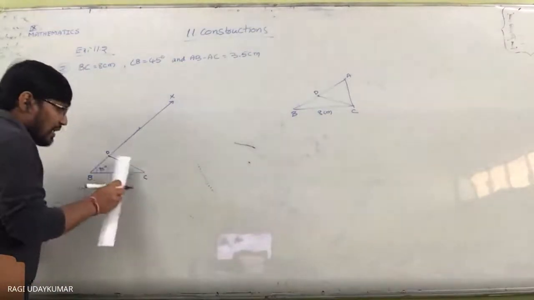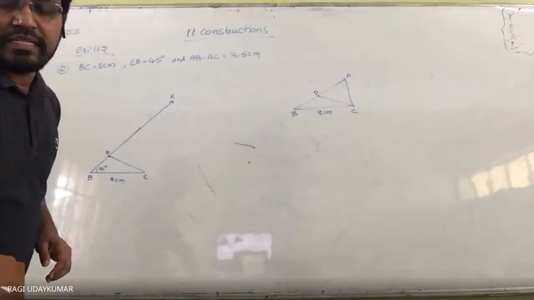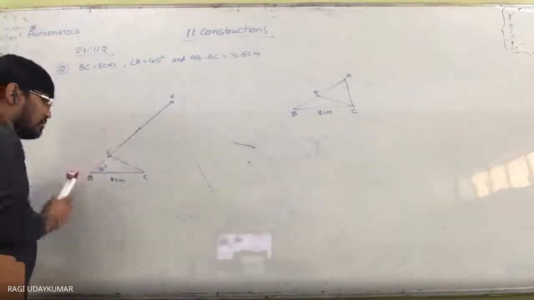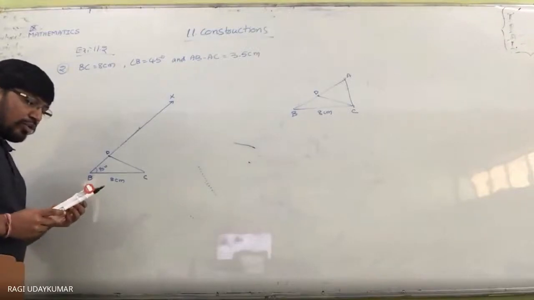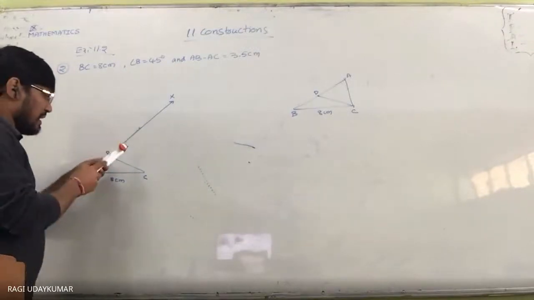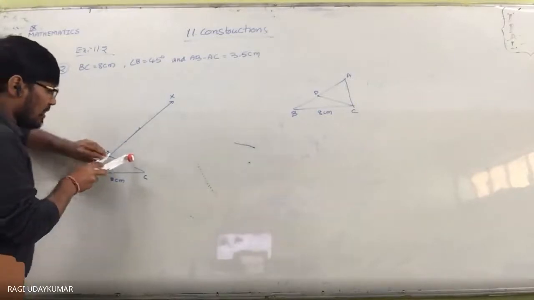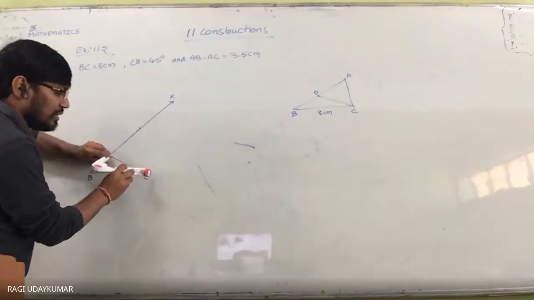You have to draw the perpendicular bisector of CD, which cuts BX at a point A. So how do you draw the perpendicular bisector? Take D as a center, with more than half radius, two arcs should be there. More than half means 3.